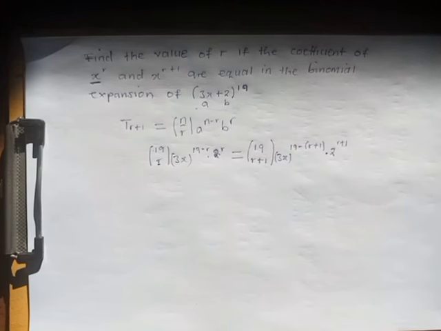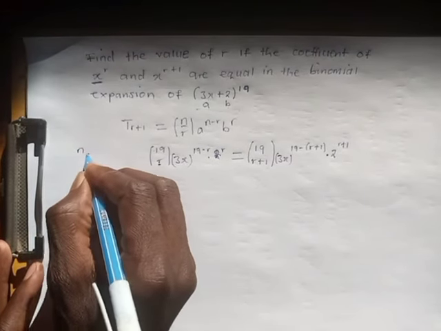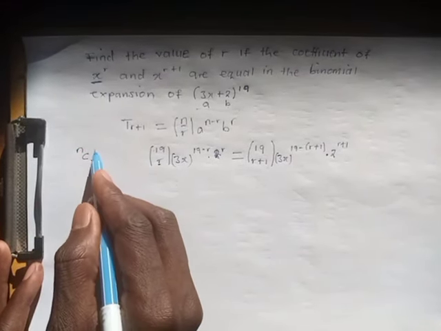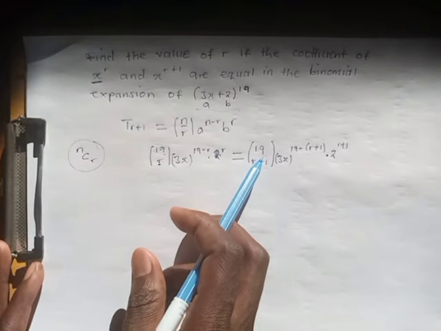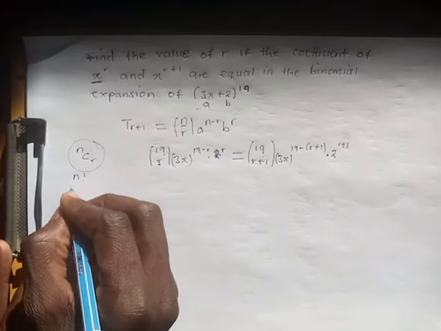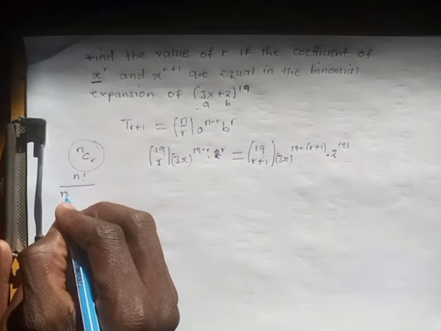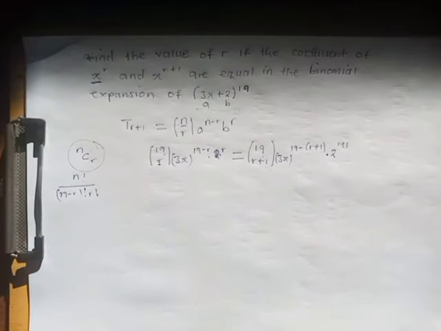Hope we understand how most of the time we reduce something which is written like this. If you have something like this, how do you reduce it? It can be written like this, n factorial over n minus r factorial, r factorial.